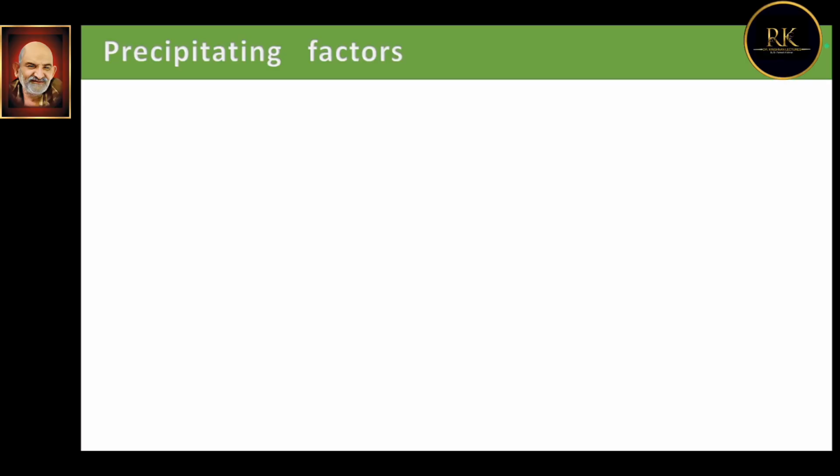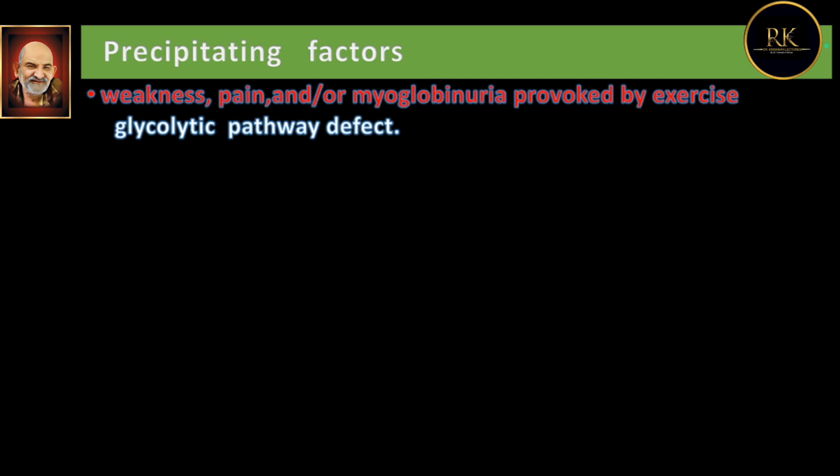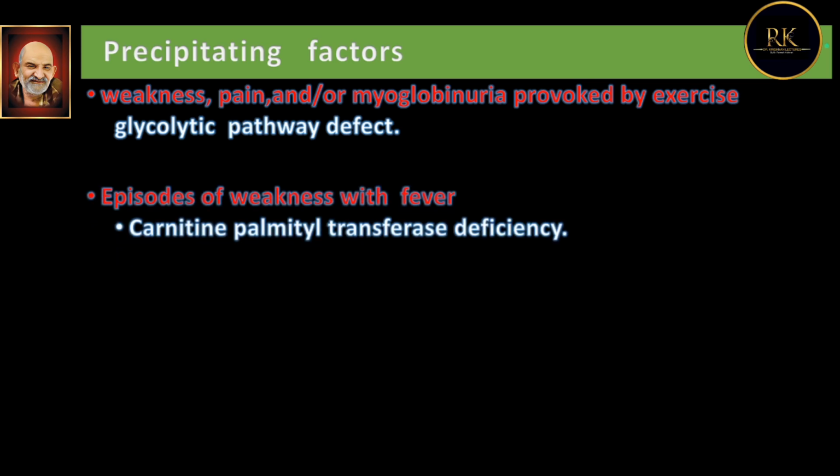Now, we should look for the precipitating factors while we are investigating a patient with muscular dystrophy or myopathies. If the patient presents with weakness, pain or myoglobinuria provoked by exercise, the cause can be glycolytic pathway defects.